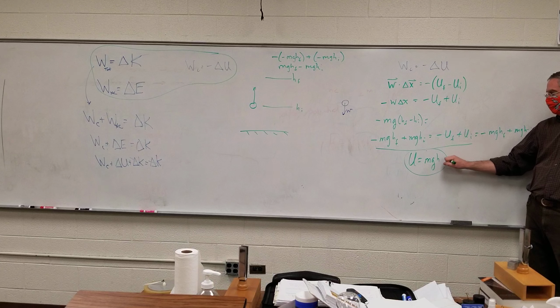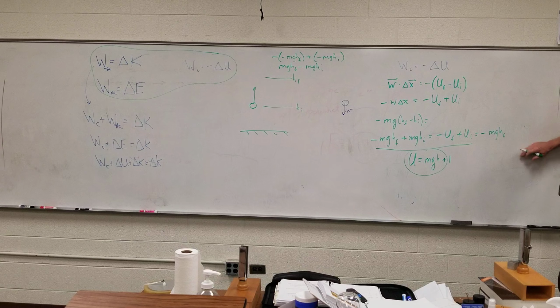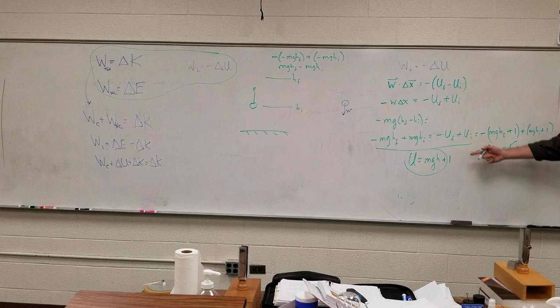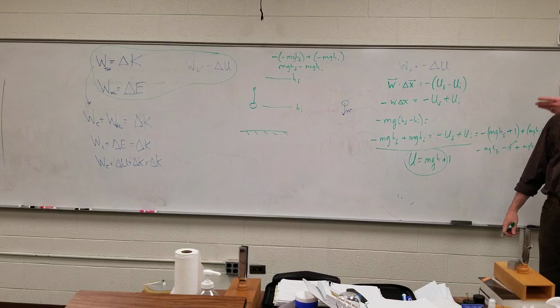If I made this mgh plus 1, then this becomes negative mgh final minus 1 plus mgh initial plus 1. The ones cancel out. Any constant I tack on here is going to cancel out. So that's why I wrote the formula as mgh plus a constant.